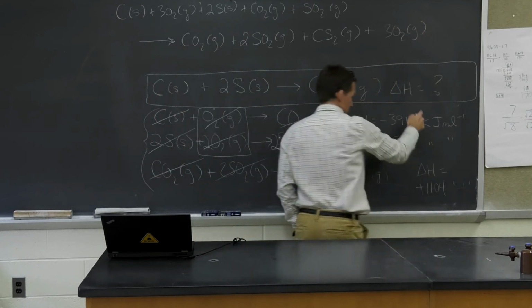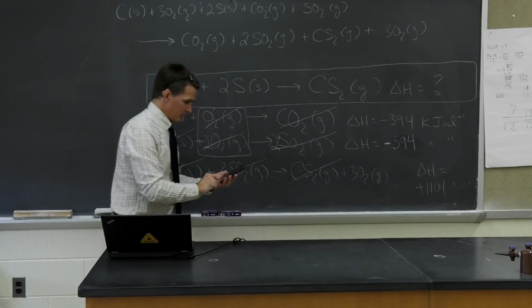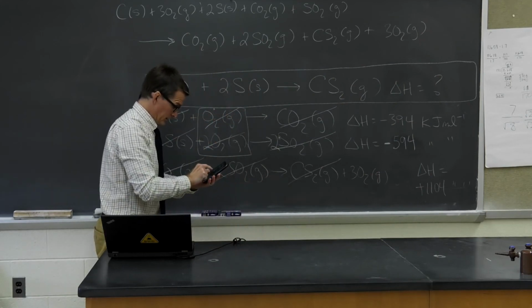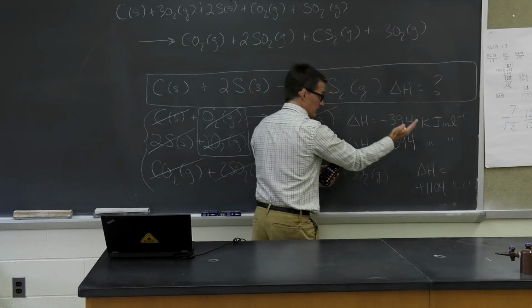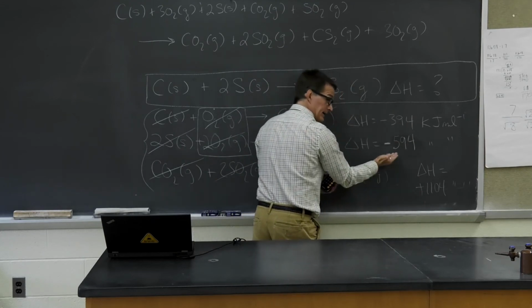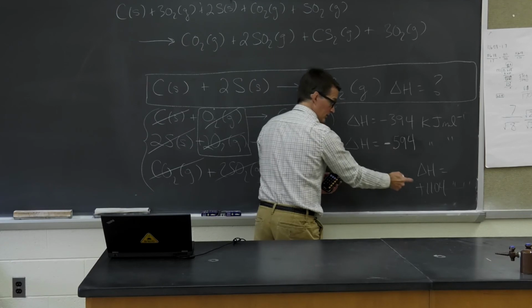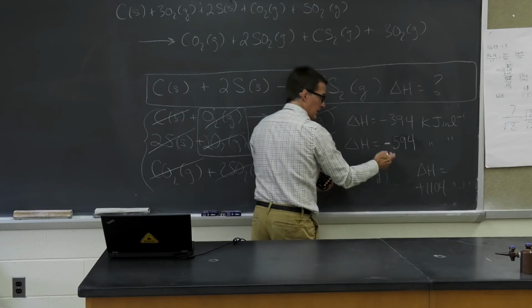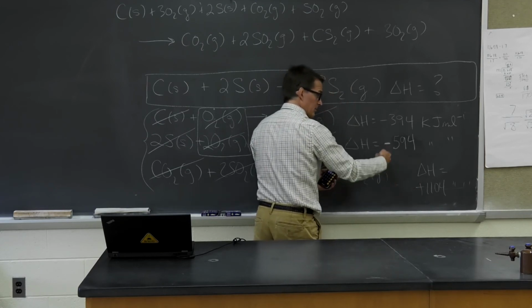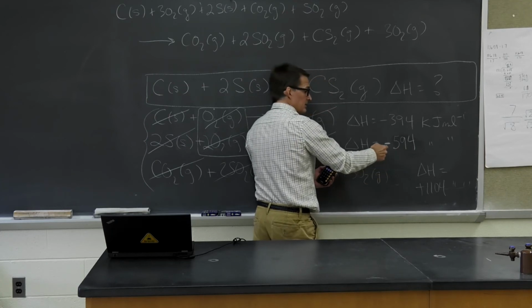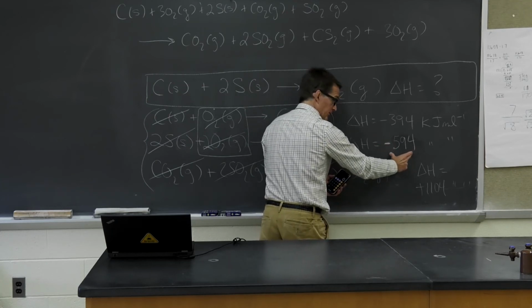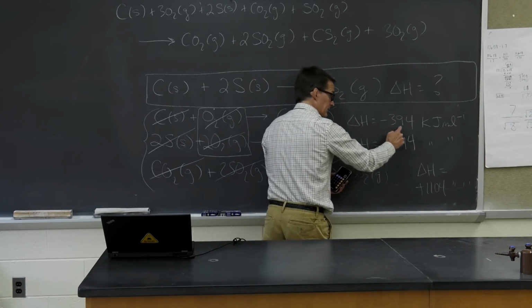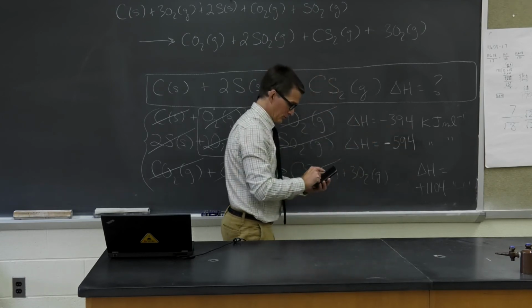Of course, I'm going to need to add all those enthalpies together, so let me do this right quick. So when I add these, of course, I'm going to take this, and when you add a negative, you end up subtracting it. So it's going to be 1104. If I add 594, I'm going to subtract that. Excuse me, if I add a negative 594, of course, I'm going to subtract this value. And if I'm going to add a negative 394, I'm going to subtract that value as well.